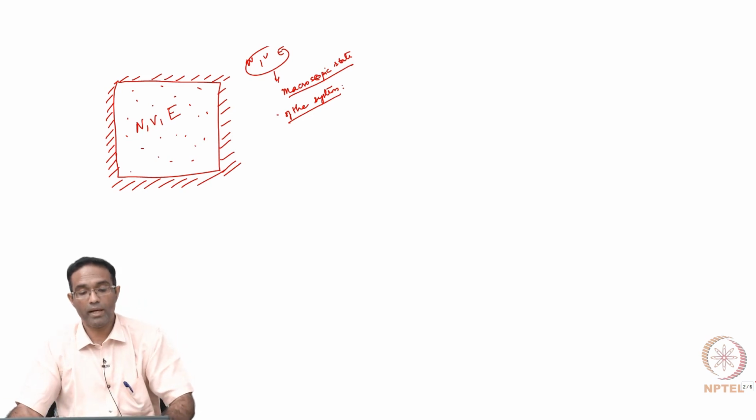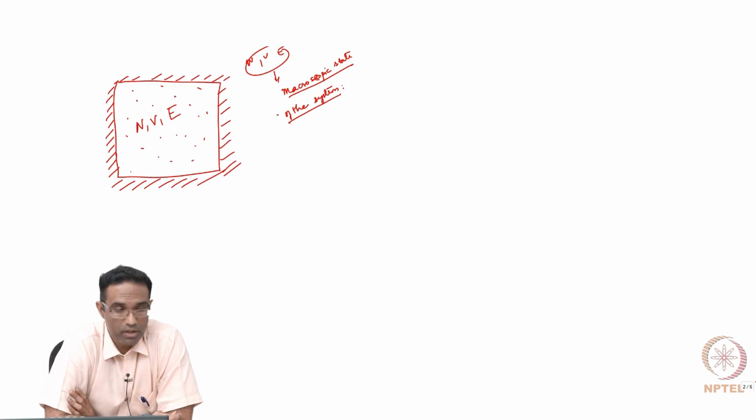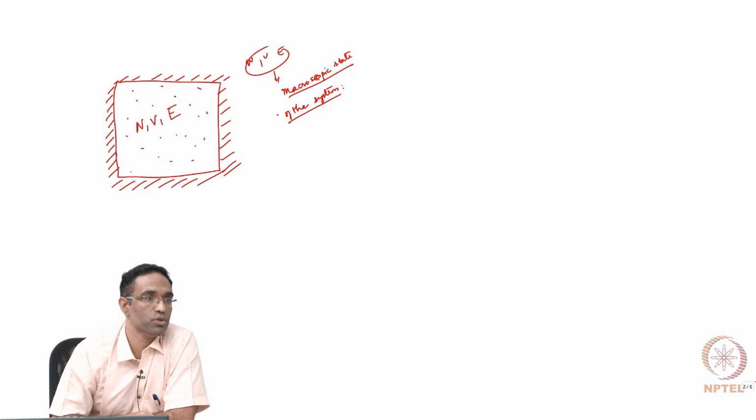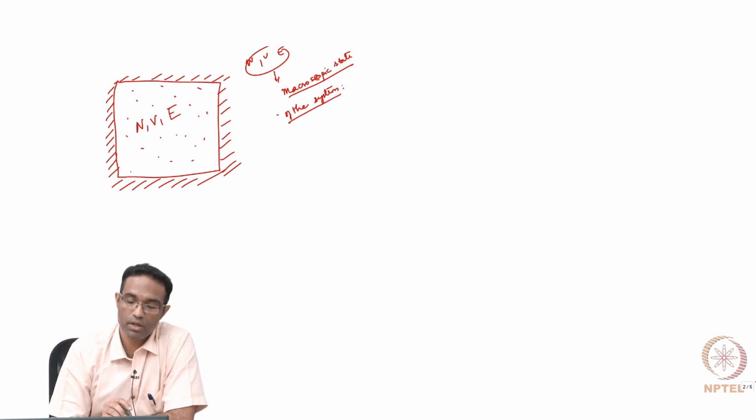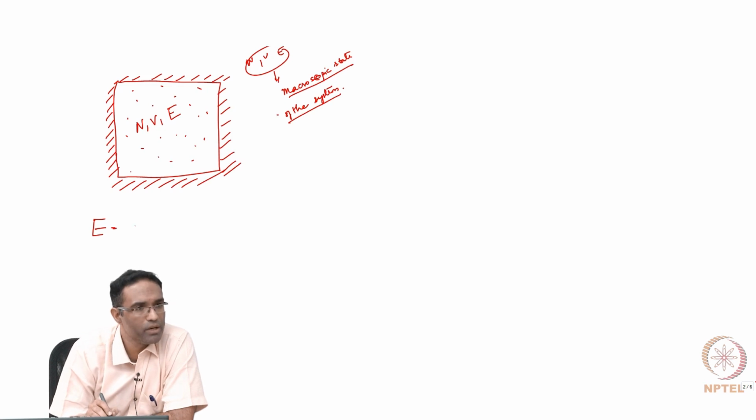However, at the microscopic level, the possibilities of specifying something called a microstate are just huge. What that essentially means is the energy E of the system can be realized in so many different ways.